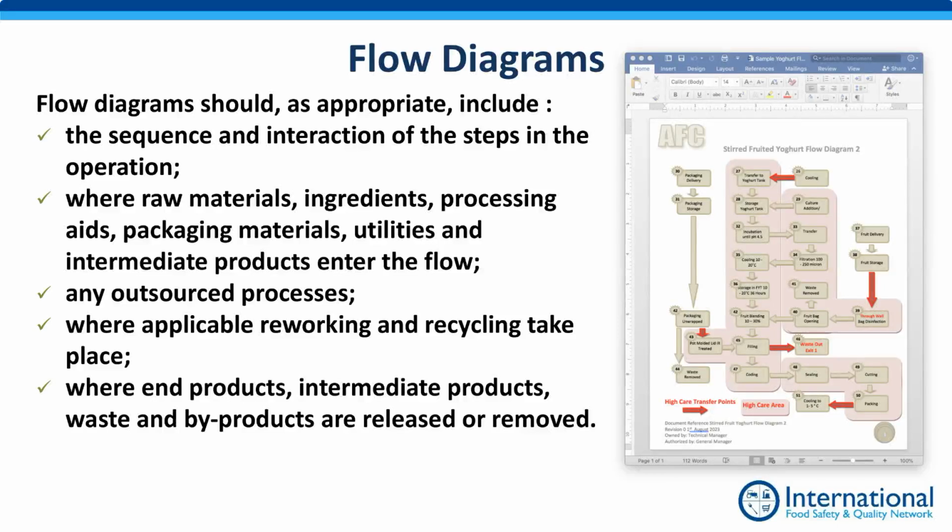Flow diagrams should, as appropriate, include the sequence and interaction of the steps in the operation, where raw materials, ingredients, processing aids, packaging materials, utilities, and intermediate products enter the flow, any outsourced processes, where any reworking or recycling takes place, and where end products, intermediate products, waste, and byproducts are released or removed. Flow diagrams should be clear, accurate, and sufficiently detailed to the extent needed to conduct the hazard analysis.